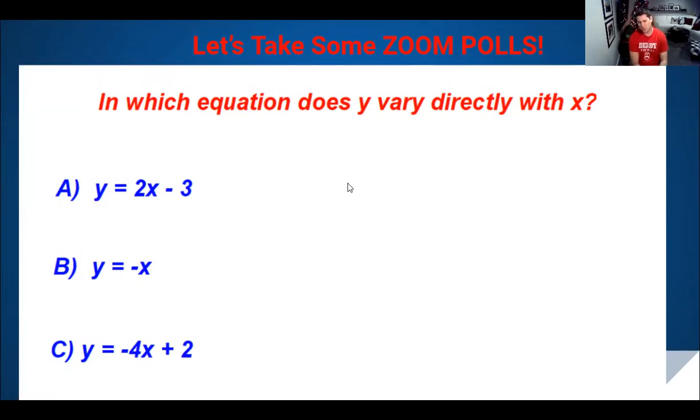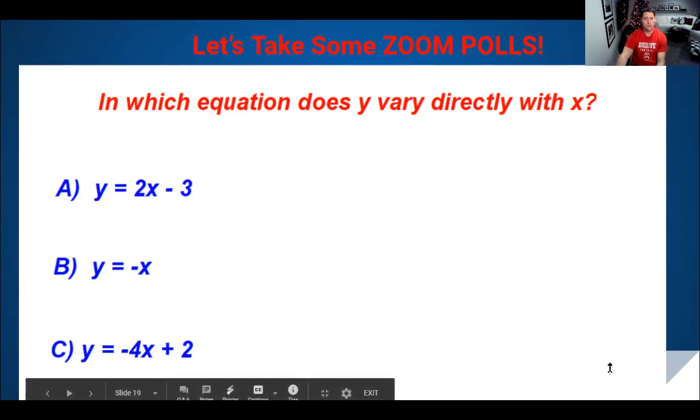Remember what we said proportional relationship equations look like, what the value of the y-intercept was. Make your response right now, A, B, or C, and then I'm going to close the poll. You have 10 seconds to choose your response. 5, 4, 3, 2, and 1.